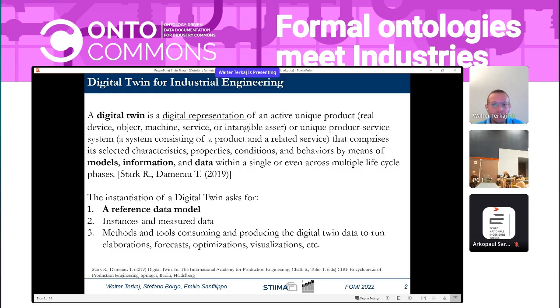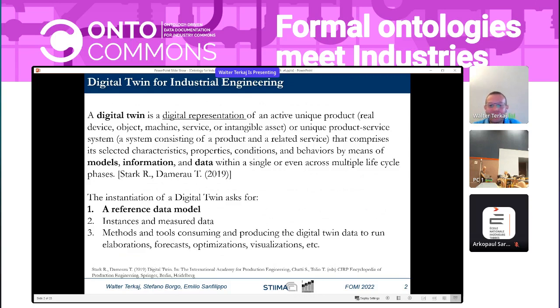So, industrial motivation: digital twin. The keynote speech was quite inspiring and also mentioned this concept. To make a digital twin, we need a digital representation, and some key requirements are a reference data model, instances and measured data, and methods and tools that are able to consume and produce this data.